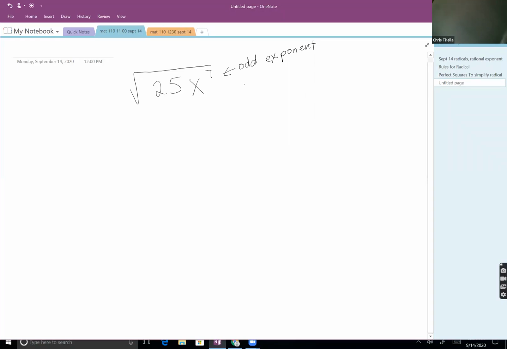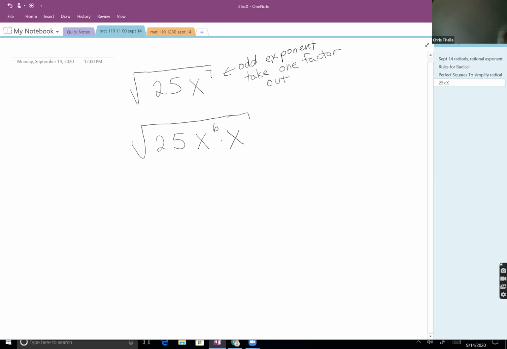So what we're going to do is take one factor out. We're going to change that into the square root of 25x to the 6th times x. Is everybody comfortable with the idea that x to the 6th times x to the 1st would give me x to the 7th?